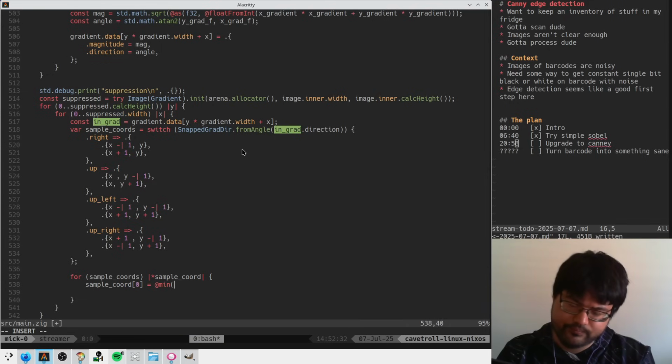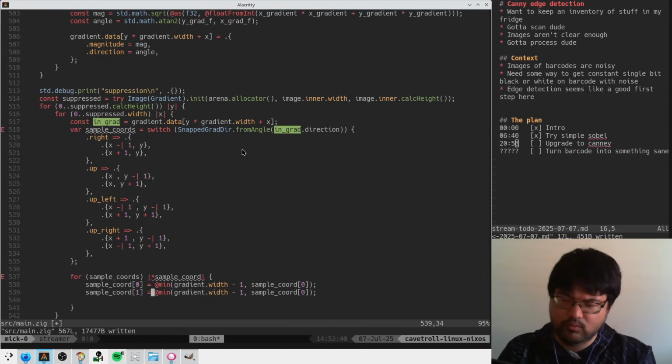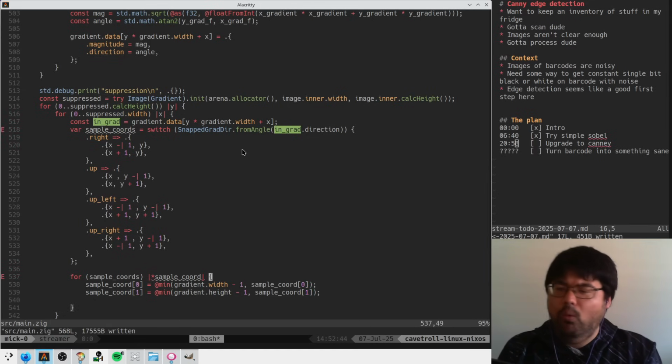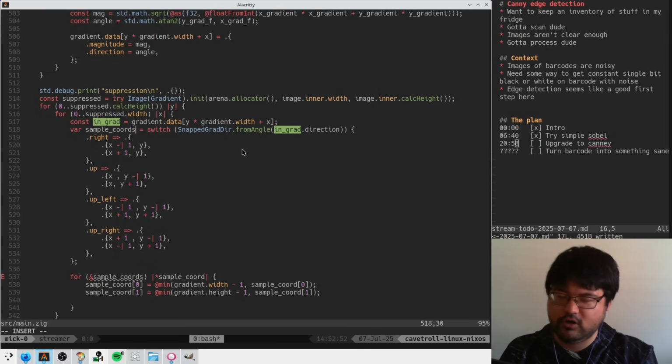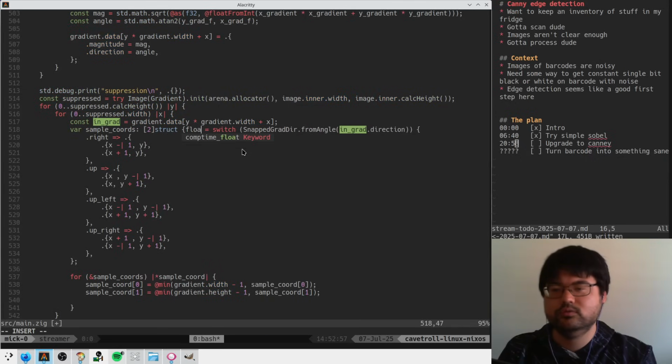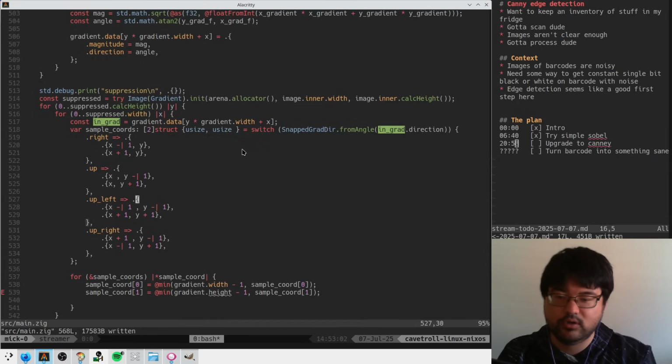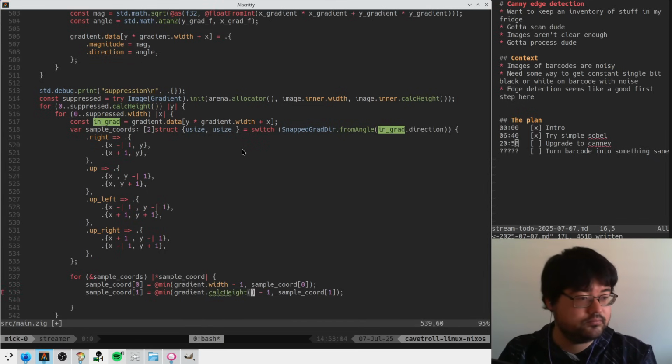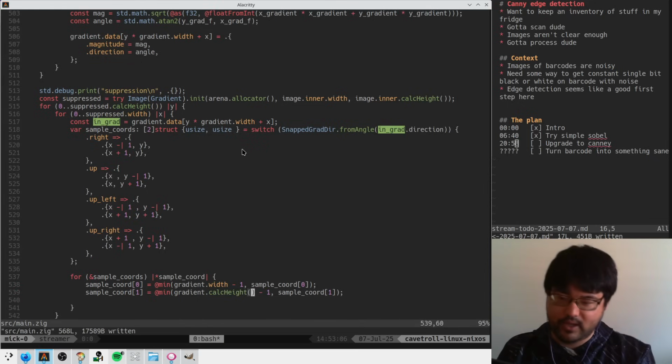And sample chord 0, 1 is height. Okay. Yep, this is looking good so far.